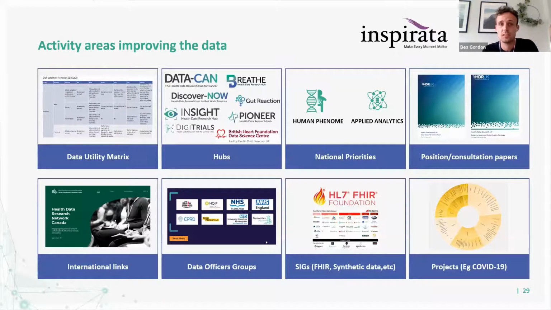We've talked a little bit about the many different projects we have across the HDR UK community on improving data. One that will be the subject of a future webinar is our work on the data utility matrix, providing a means of communicating whether a data set is fit for a specific purpose.